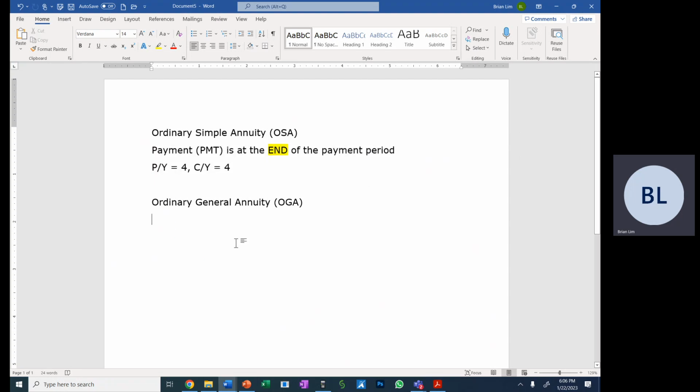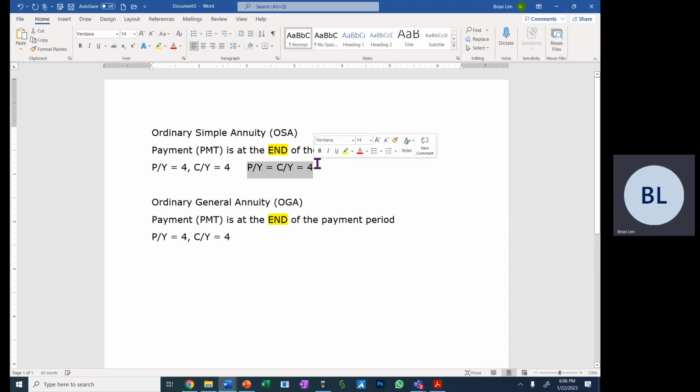They will differ when you come down right here. Oh, sorry, I should put up here that PY is equal to CY, it's equal to 4. So those are the key factors in determining or classifying the annuity.